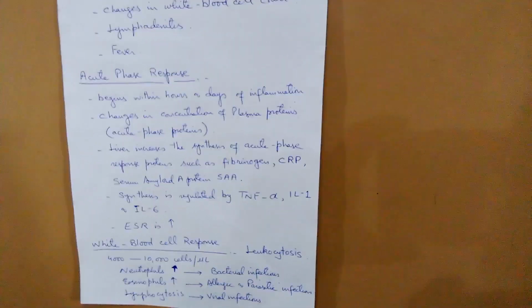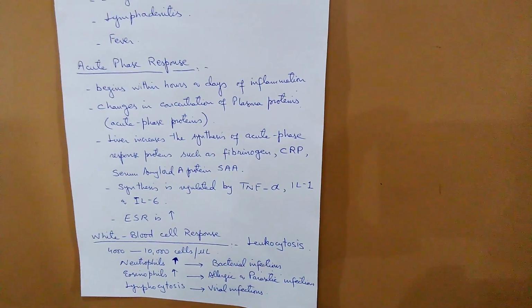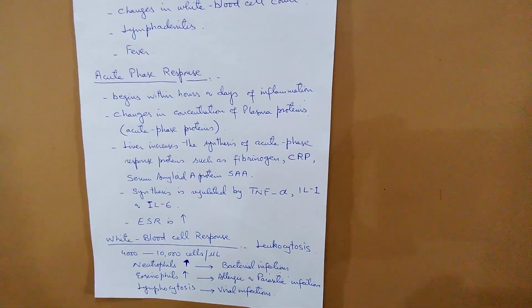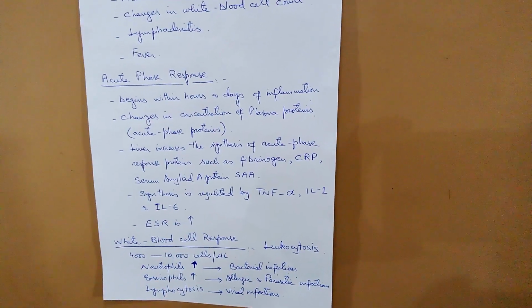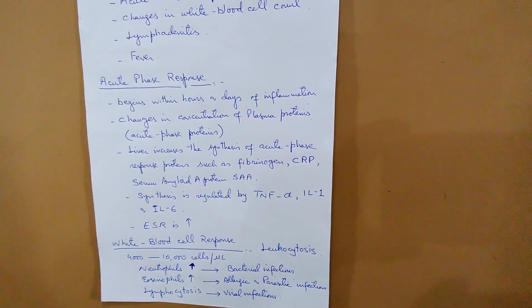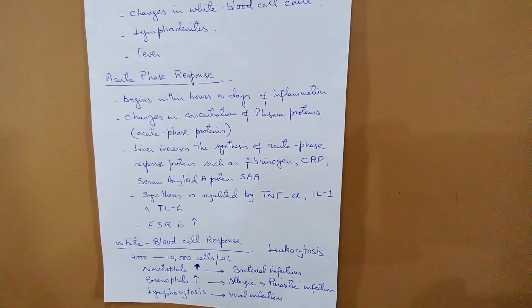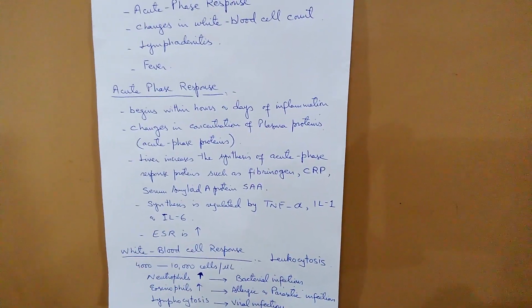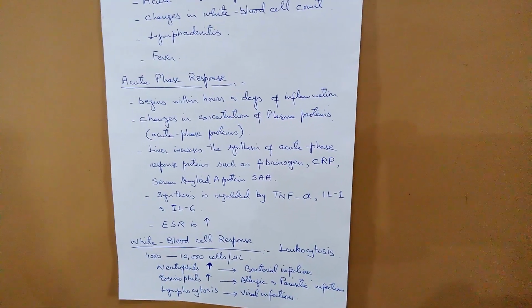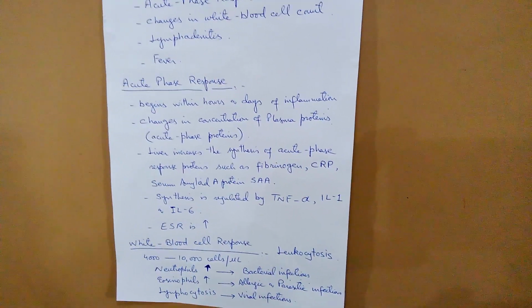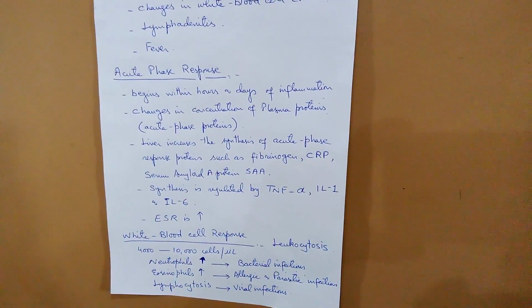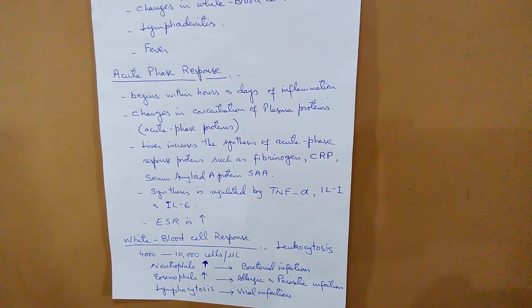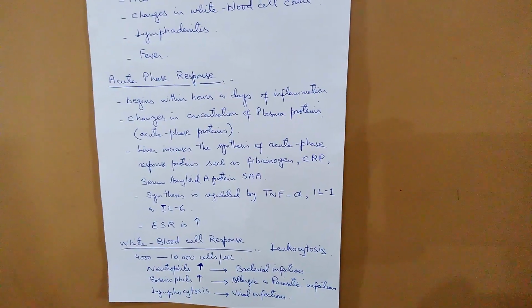As a result of these increased acute phase proteins, we have increased ESR as a result of infection or inflammation. The second response is rouleaux formation. So these are the 2 manifestations of increased acute phase proteins.